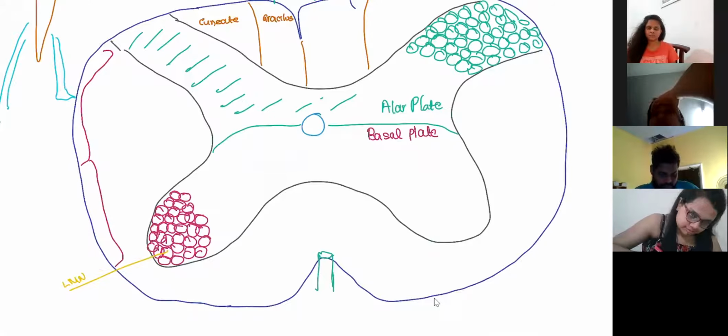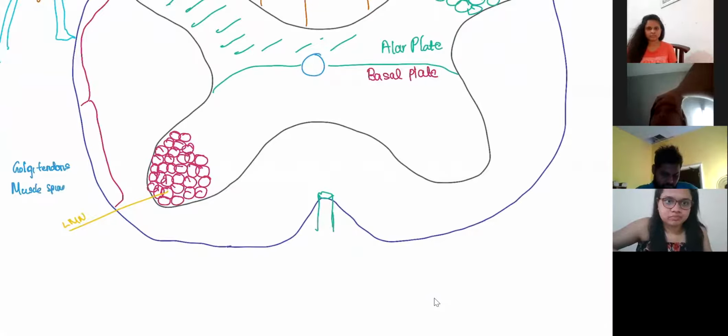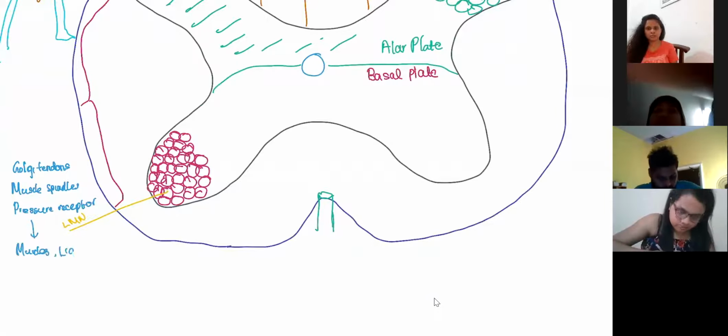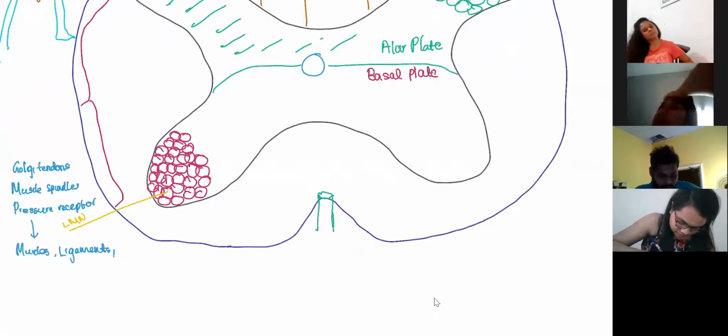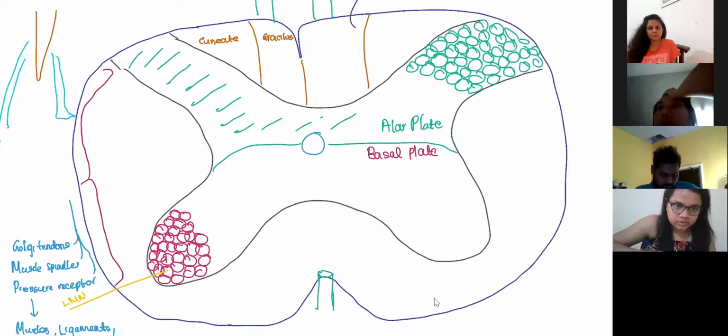So you guys know the Golgi tendon, muscle spindles, and other pressure receptors, which you find in structures of muscles. You don't need to memorize this. Basically, muscles, ligaments, everything around muscles, tendons, nothing to memorize, just understand this. So these supply the information about position, proprioception, everything.